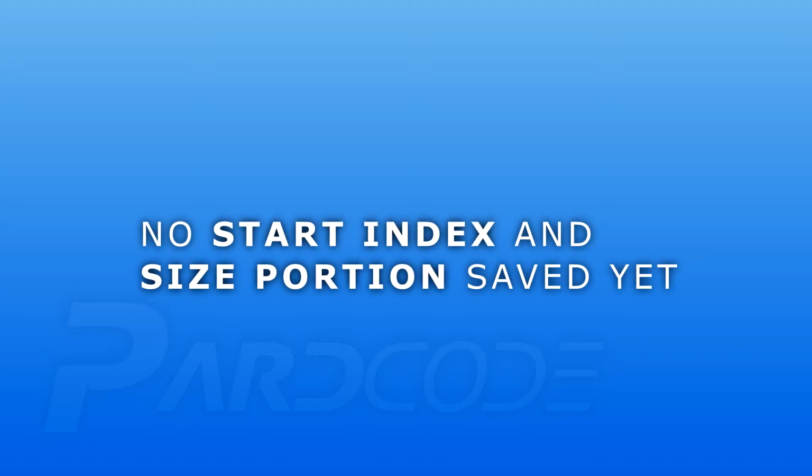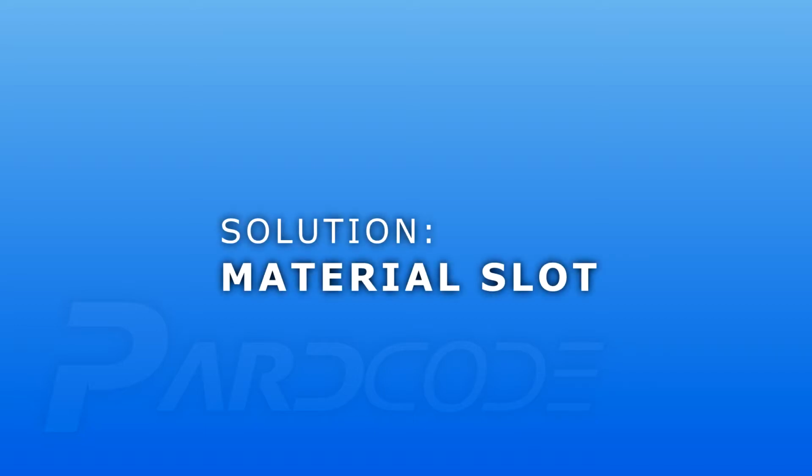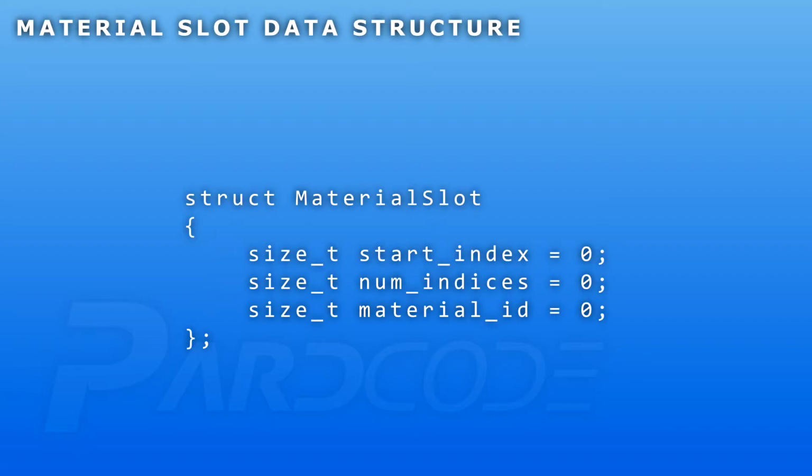Very well, but unfortunately there is another problem yet. We haven't saved the start index and the size of the index buffer portion for the various materials. To solve this issue, we can create inside the mesh header file a data structure called material slot, where we have to add three attributes: the start index of the portion, the size of the portion, and then the material ID.